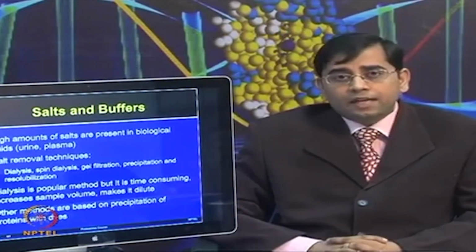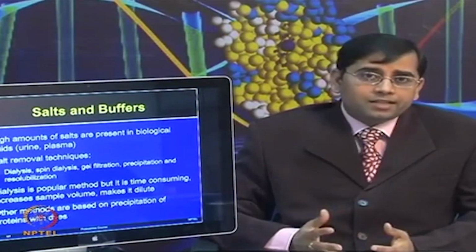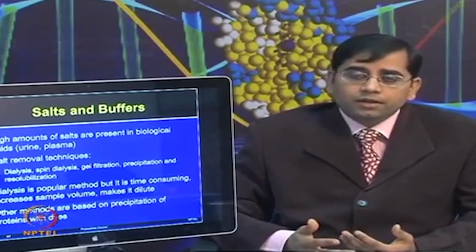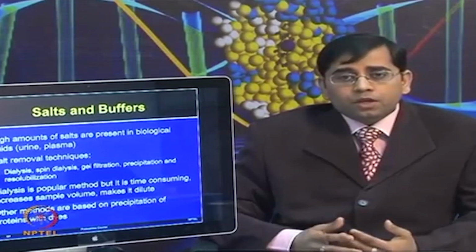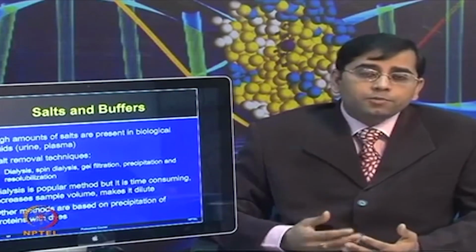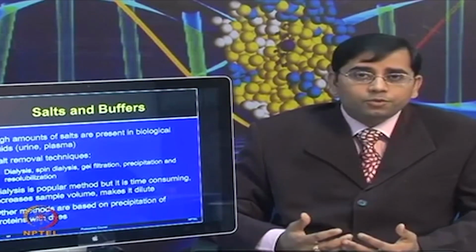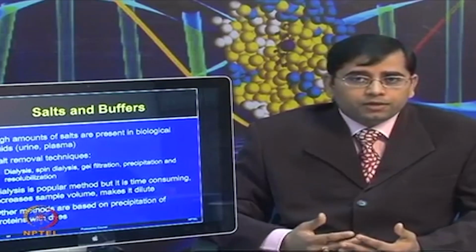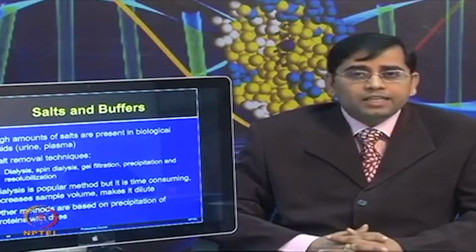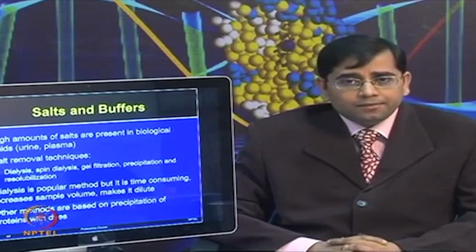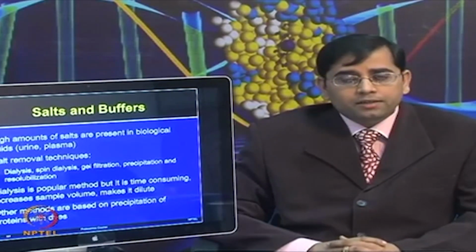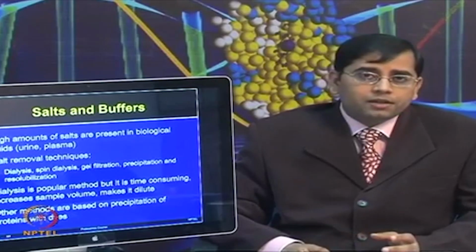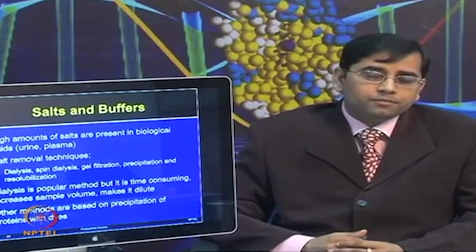Similarly, there are different types of plant cells which are quite rich in salt. If you want to remove this salt, you have to follow different salt removal methods. These methods could be dialysis, spin dialysis, gel filtration, precipitation and resolubilization.